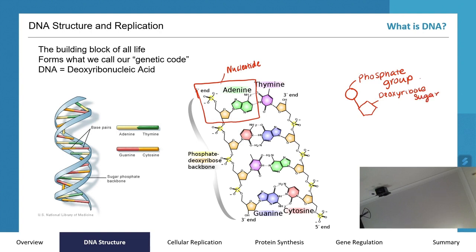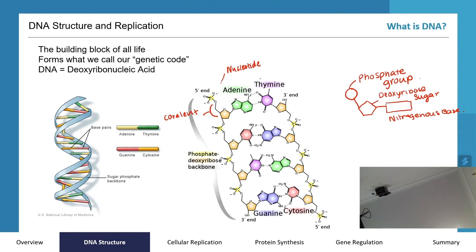Connected to this sugar as well is our nitrogenous base. So that is one nucleotide. And the bonds between the phosphate group and the sugar are covalent bonds, which are very, very strong.